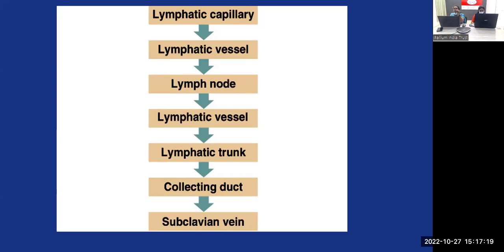Then finally, it goes to the lymphatic vessels, lymphatic trunk, then collecting duct, and then finally to the subclavian vein. So after filtering the waste from that lymphatic fluid, it goes to the subclavian vein. This is how our lymphatic system works.